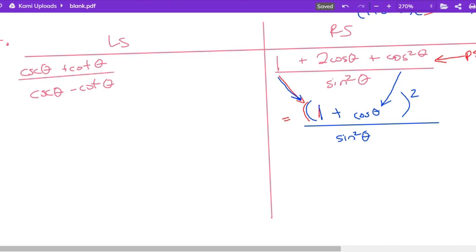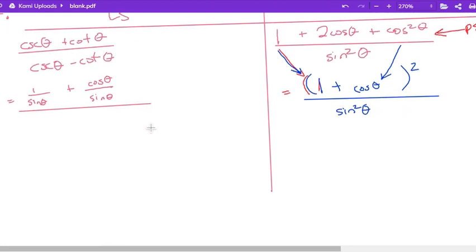Now, on the left side, we've got a lot of reciprocal ratios. So let's get to it. Cosecant is 1 over sine theta. Cotangent is cos over sine theta. So already the numerator has a common denominator.